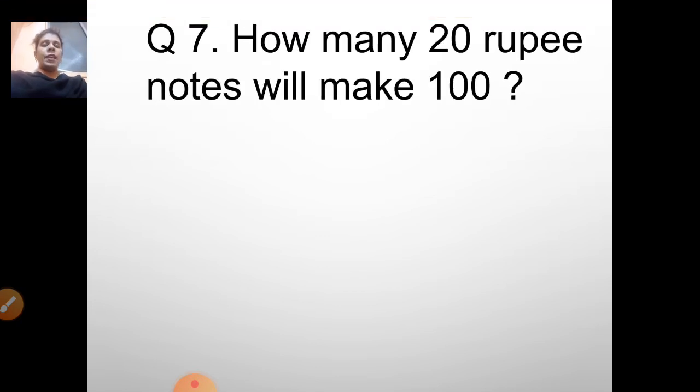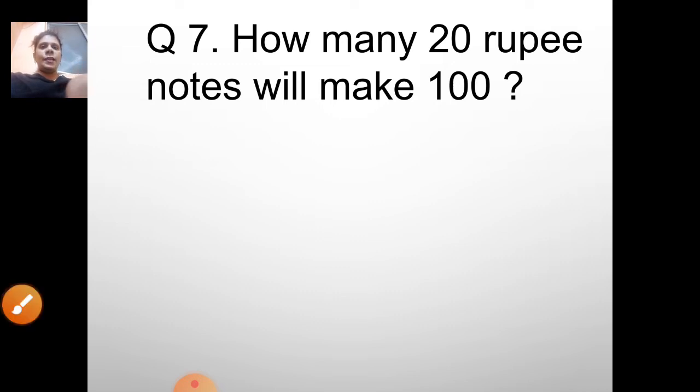Question number 7. How many 20 rupee notes will make 100? Tell me, children, think and tell me. You are having 20 rupees notes, but how many will make 100?